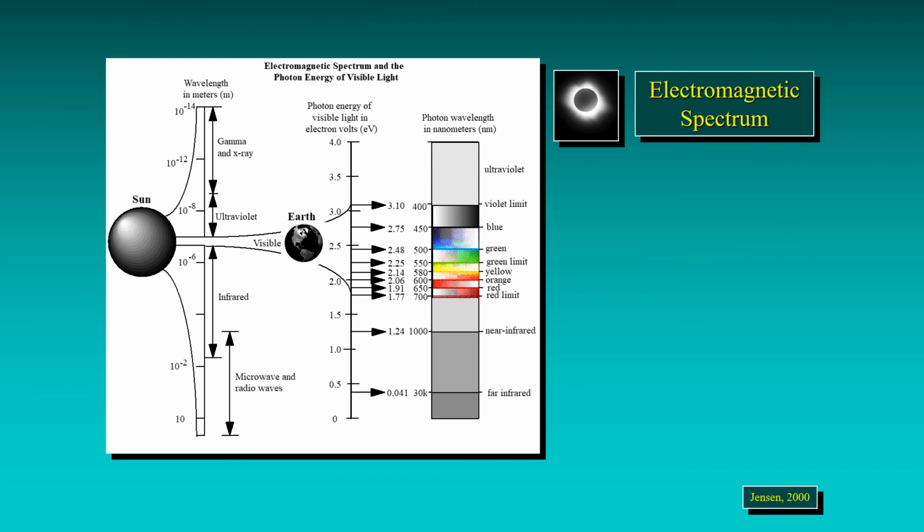The visible portion of the spectrum, again, is a very narrow portion of the overall EM spectrum. And again, we measure that using units of wavelength, say, for example, nanometers or micrometers, as I discussed previously, or we could use terminology like units of electron volts. All of those units are basically interchangeable. I think that's all I want to say on that.